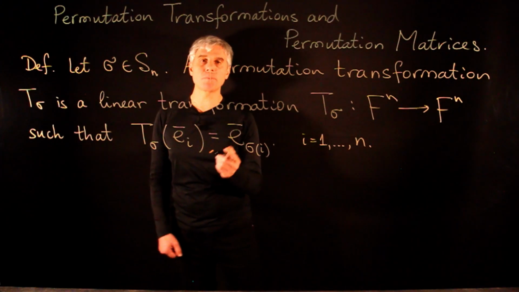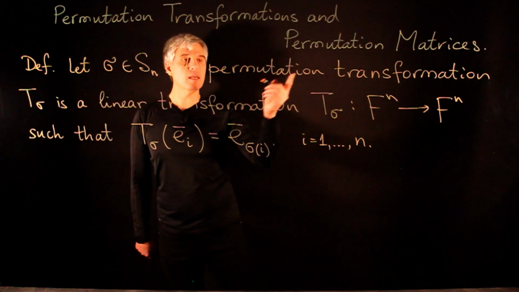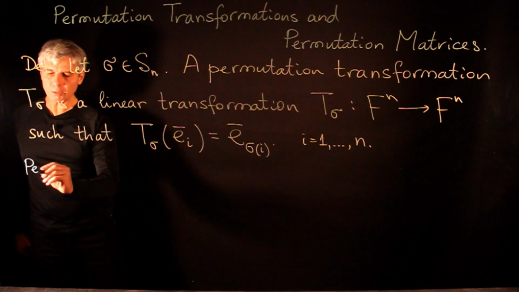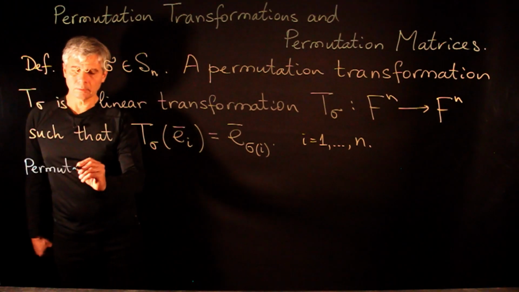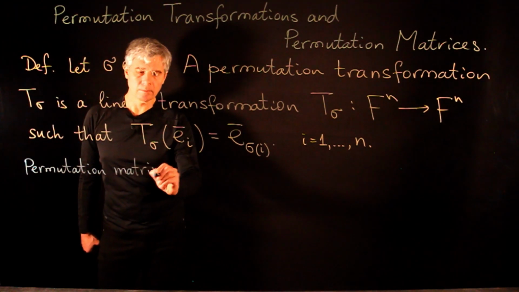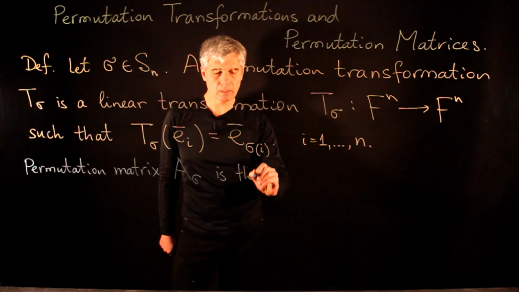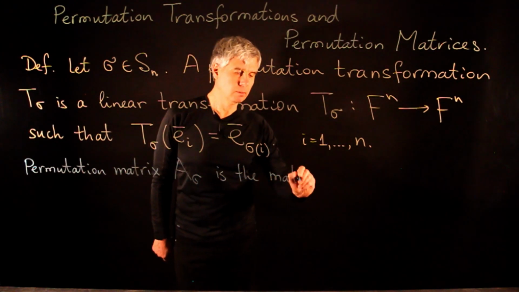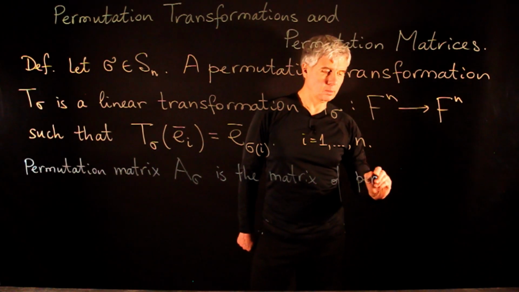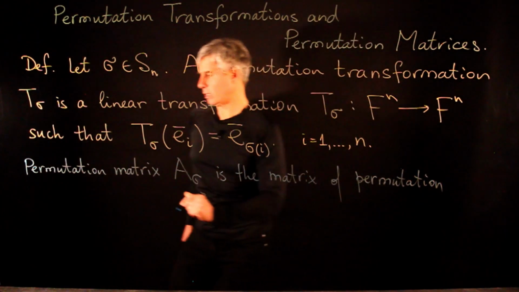It just permutes basis vectors, and thus the name permutation transformation. And the permutation matrix A sigma is the matrix of the permutation transformation T sigma.